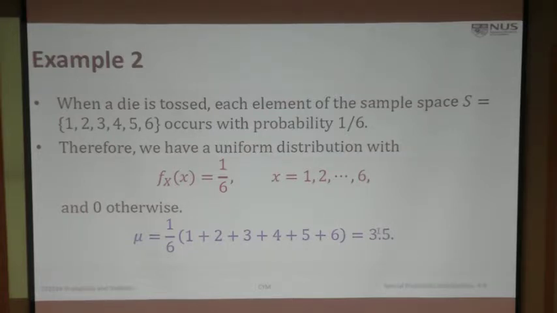So this again is a uniform distribution. fx of x is equal to a sixth where x lies in the set 1, 2, 3, 4, 5, 6, and you get 0 otherwise. We know the expectation of x. There's nothing exciting to say there. It's just the sum x1 plus x2 plus x3 plus x4 plus x5 plus x6, where xi is equal to i in this case, multiplied by the probability 1 over 6, and I get 3.5.